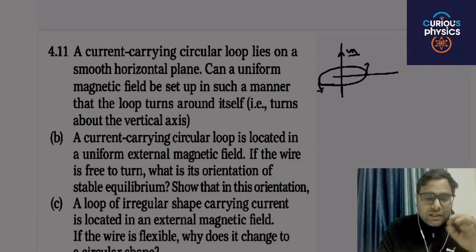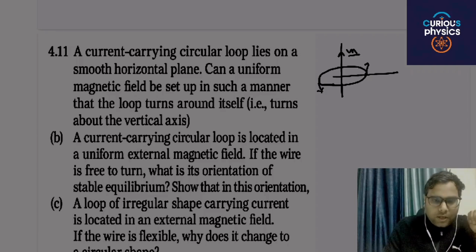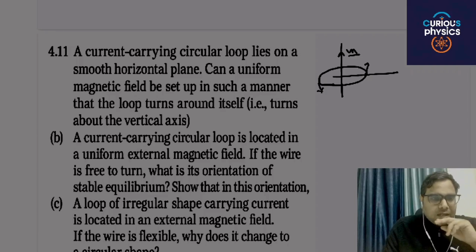As we have studied, the direction of the magnetic moment and the direction of the magnetic field will be the same. Last, if a loop of irregular shape carrying current is located in an external magnetic field and the wire is flexible, why does it change to a circular shape?